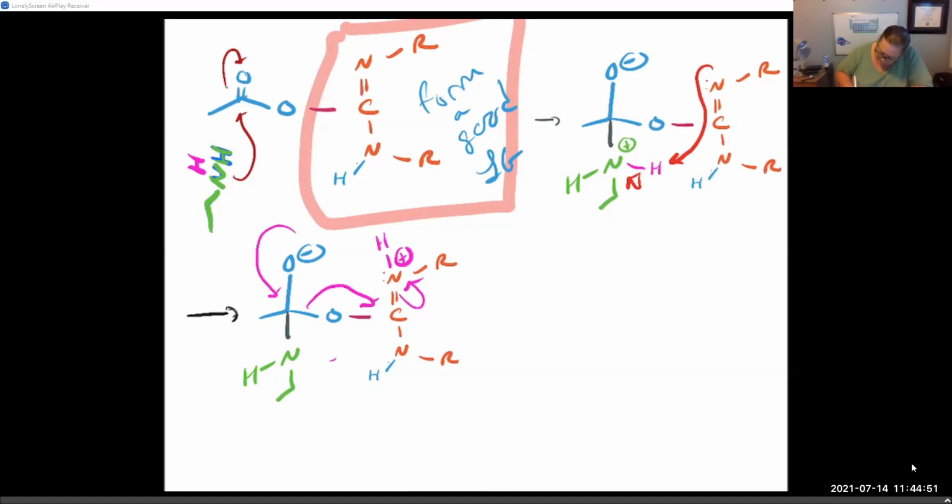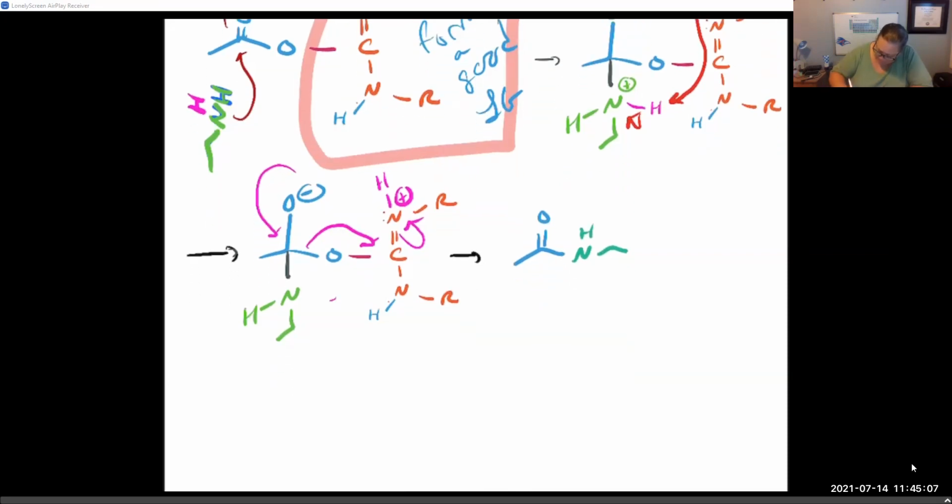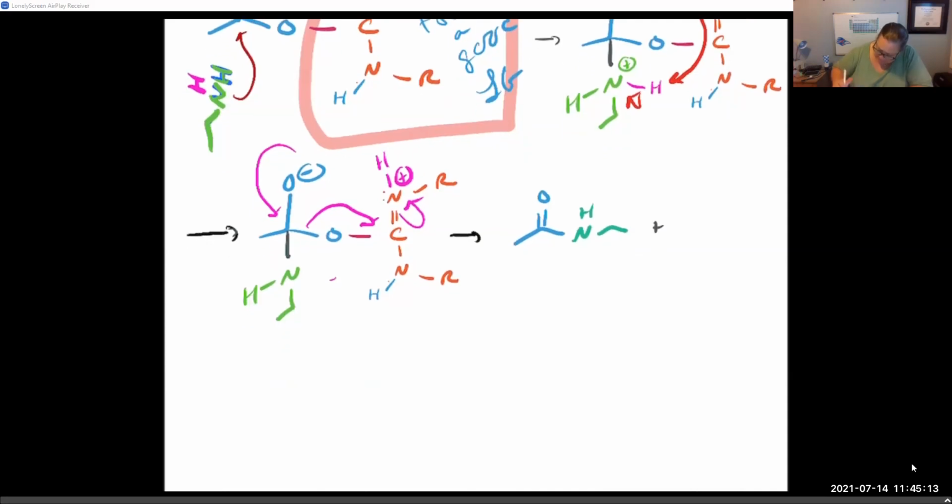And so now I have my brand spanking new amide plus my urea.